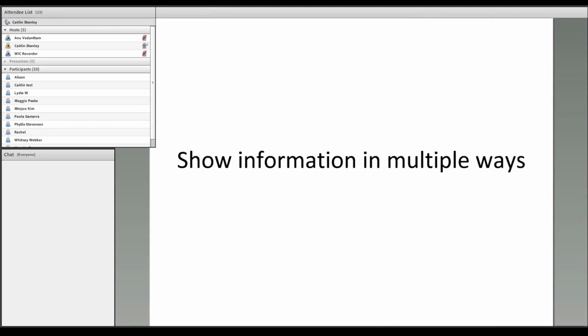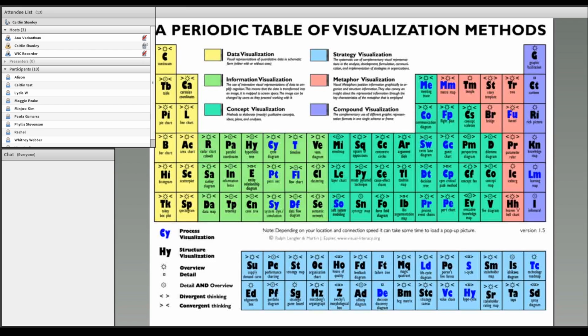One strength of infographics is that you can show information in multiple ways in one design. So this is a graphic that I think is pretty cool. It's a periodic table of visualization methods, so different kinds of charts, different types of ways to visualize data.